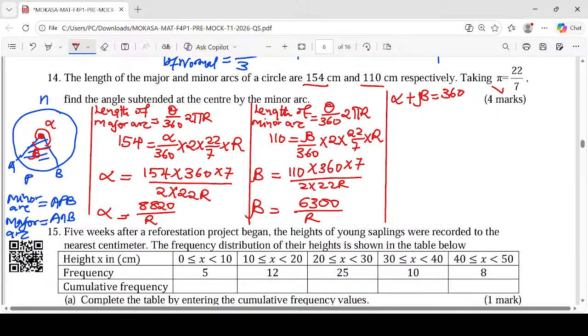Applying that, my alpha is 8820 over r plus 6300 over r. This should be equivalent to 360 degrees. When you add this, 8820 plus 6300, that is 15120.